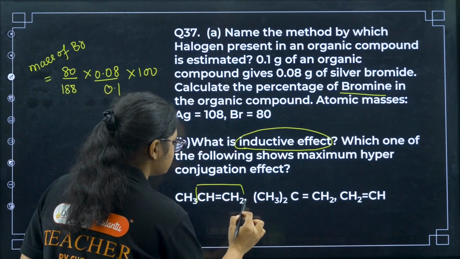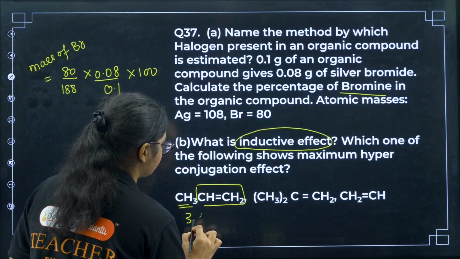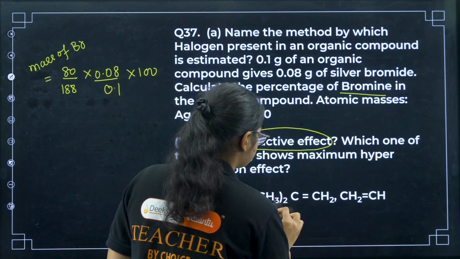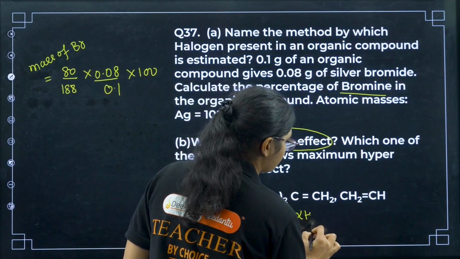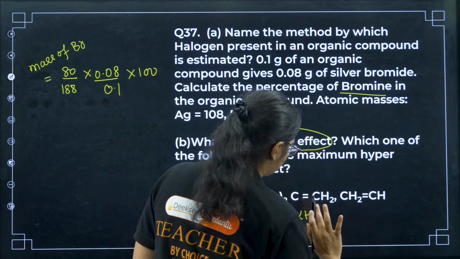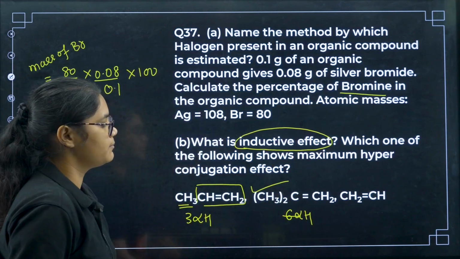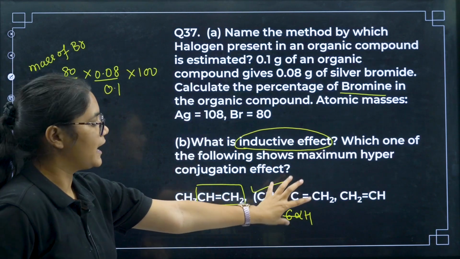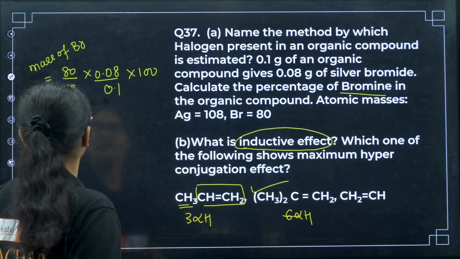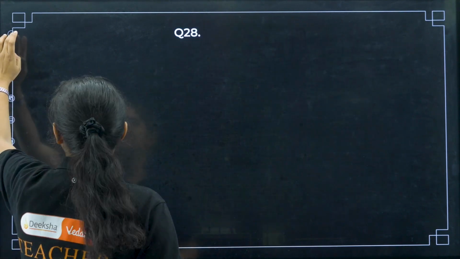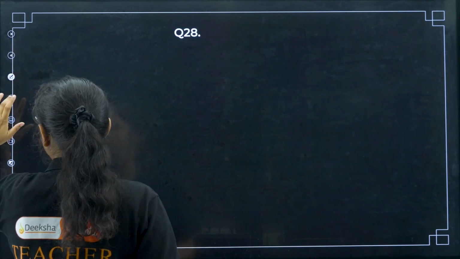If this is the structure, here we have 3 alpha hydrogens. If this is the structure, here we have 6 alpha hydrogens, and here we do not have any alpha hydrogen, so the number of alpha hydrogens is more here. So this one will show the maximum number of hyperconjugation structures. Okay, fine.